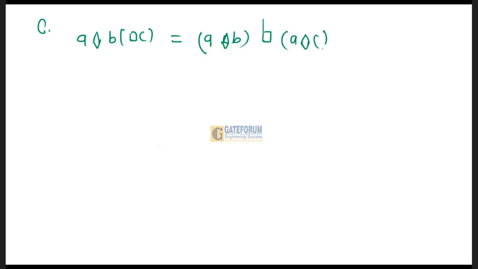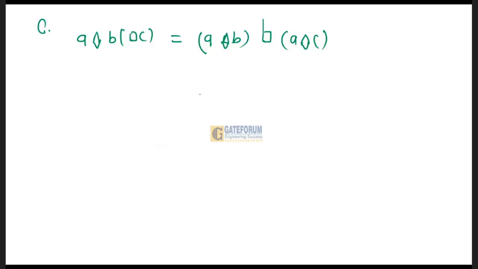So let's try to do this. A diamond, B rectangle with C, operation diamond over rectangle, equal to A diamond B rectangle A diamond C. That is what option C is saying, right?